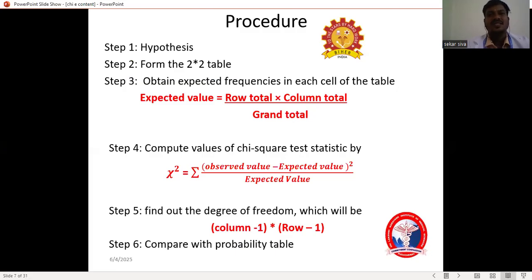So what are the steps involved in chi-square test? First, we have to formulate the hypothesis. Okay. Later we will see what is hypothesis. Then step 2, we have to form a 2x2 contingency table. Okay. If the examiner gives the scenario, we have to make a 2x2 contingency table.